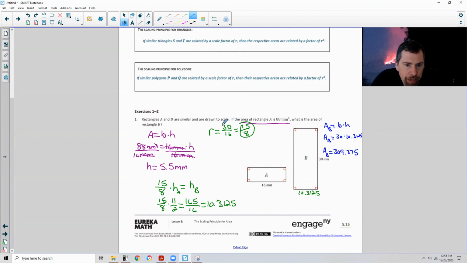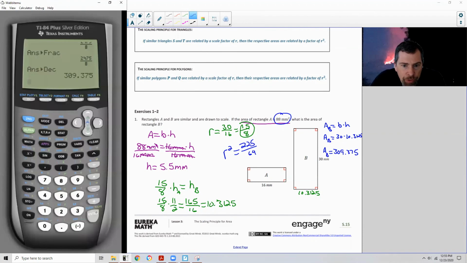If our scale factor was 15/8, then R squared equals 225 over 64. So that is our ratio of areas. And I found the area is 88 millimeters. So if I take 225 divided by 64, and I multiply that by 88, I should get this same number. And there it is. Okay.